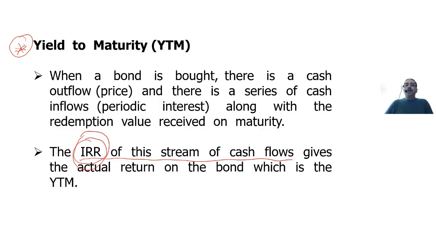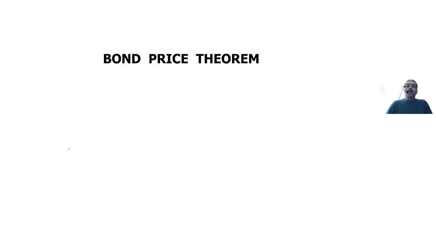On the basis of that, we have certain points to be written, which we derive from the bond price theorem. I want you to write down these points because they are important. Give the heading bond price theorem. These are points similar to what you have written for current yield and the relationship between current yield and coupon rate. Instead of current yield, I am using the term YTM.